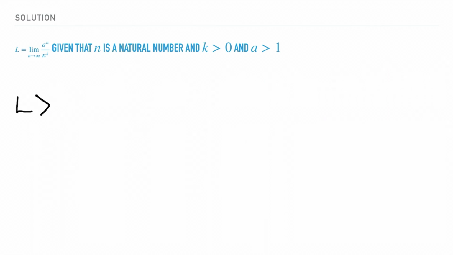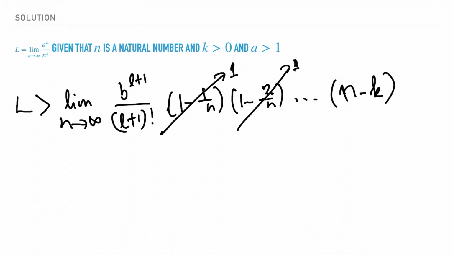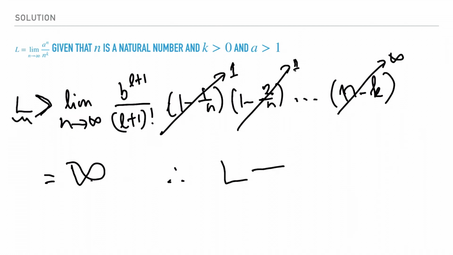If I just rewrite that, what we have is a limit that goes to infinity. And our limit L must be greater than infinity, and therefore L also approaches infinity. And there you have it.